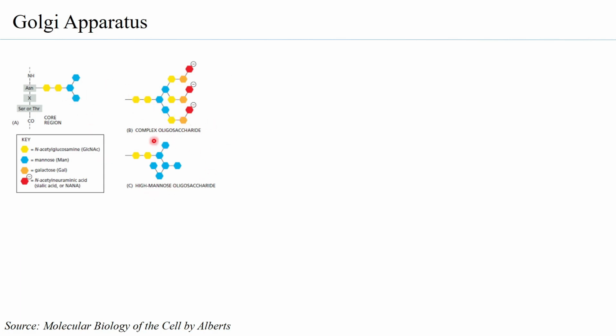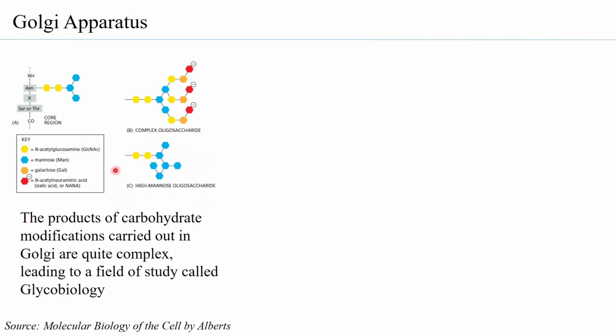Or, for example, you have another common type, where high mannose oligosaccharides are formed, in which several mannoses are added to form a moiety which has a high mannose content. So the products of the carbohydrate modifications carried out in the Golgi are quite complex, and this leads to the field of study called glycobiology.